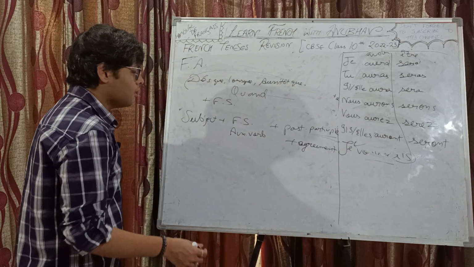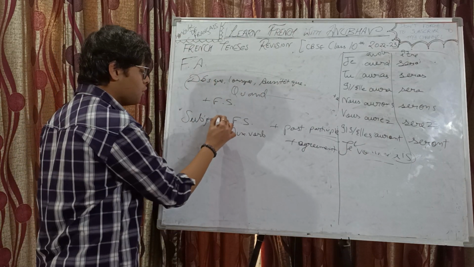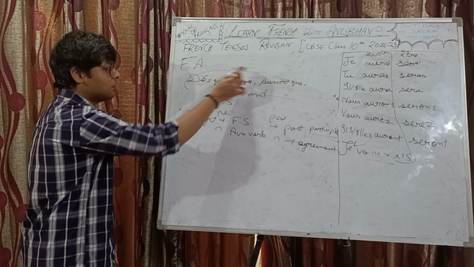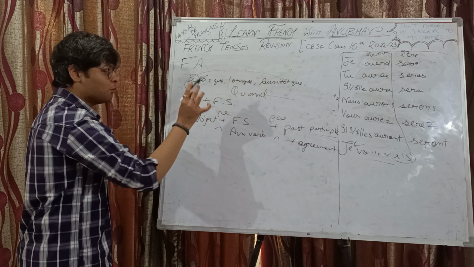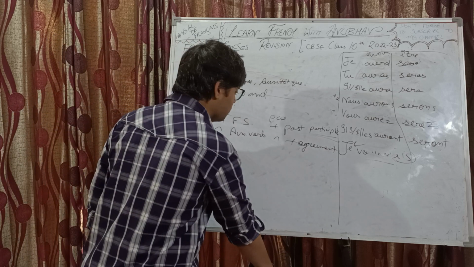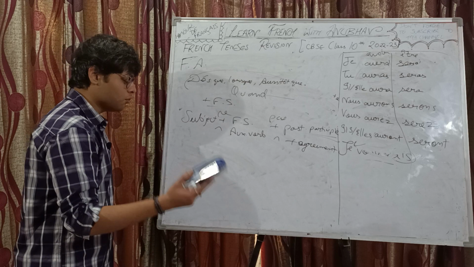Very easy, right? And if it's negative, here you will have ne, here you will have pas. The indicator is what? Presence of any one of these plus futur simple in another part of the same sentence, right? So, this was your futur antérieur.